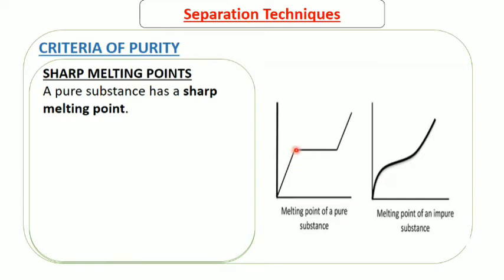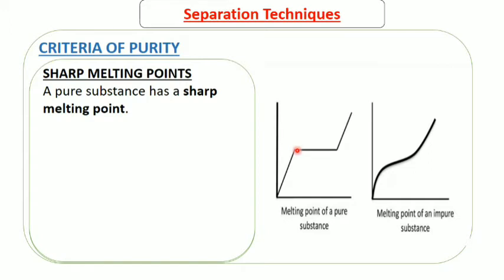When we reach this point, we're going to realize that further increase in time won't result in further increase in temperature. And if we take a look at our substance, we're going to realize that it has started melting. So when a substance starts melting, the temperature stops increasing.